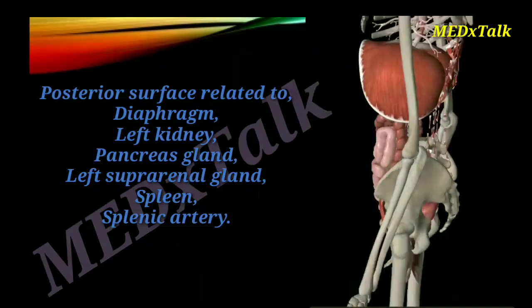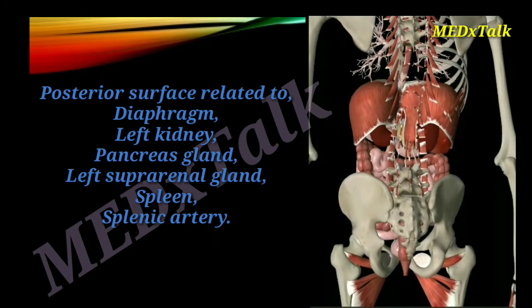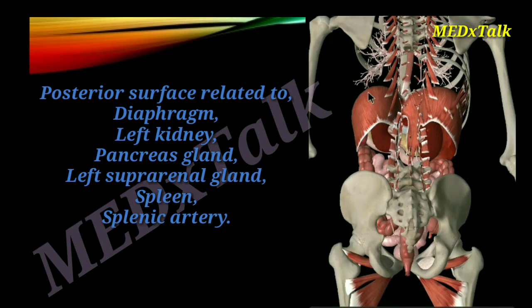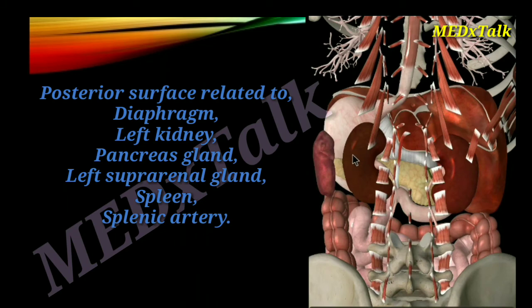The posterior surface of the stomach is related to the diaphragm, left kidney, left suprarenal gland, pancreas, transverse mesocolon, spleen, and splenic artery.